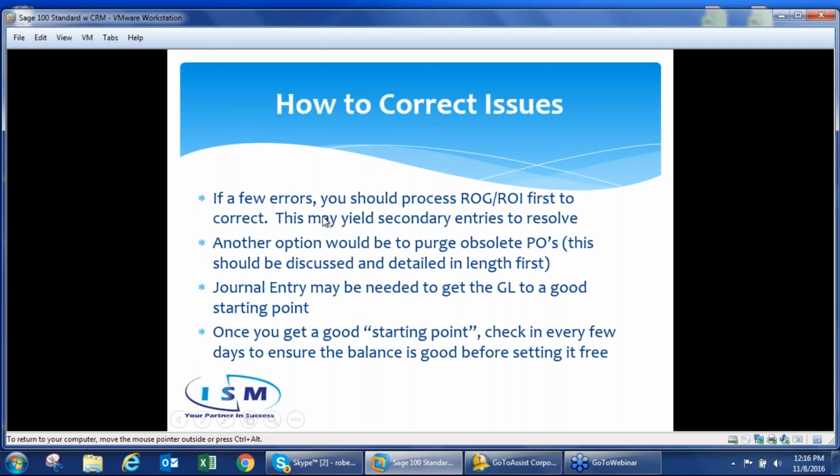Finally, how to correct issues. So if you have a few errors, you're running the report and you are able to identify a few errors, you should certainly process a receipt of goods or receipt of invoice first to correct. This may yield secondary entries to resolve.